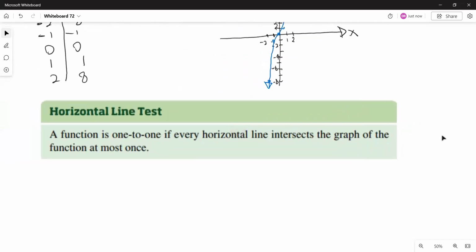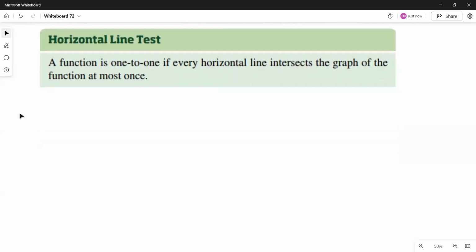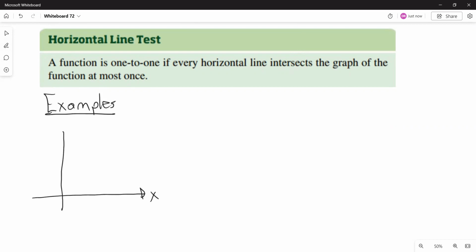The horizontal line test says that a function is one-to-one if every horizontal line intersects the graph of the function at most once. A couple of examples. Let's say that the graph of the function is something like this.